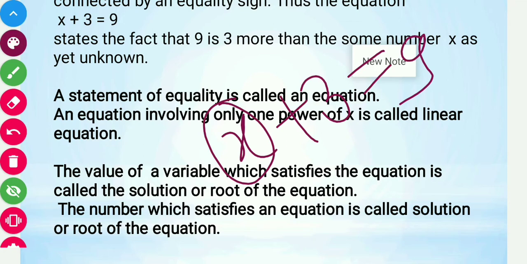The value of the variable x which satisfies this equation, which gives the equality, that is RHS is equal to LHS, is called the solution or root of the equation. So the number which satisfies an equation is called the solution or root of the equation.